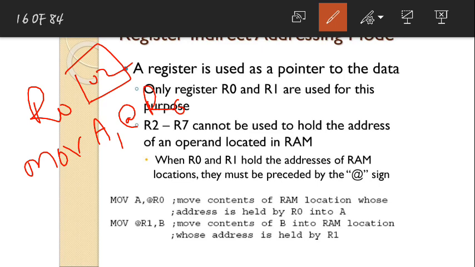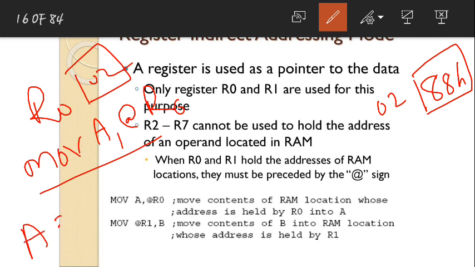That means R0 has 02, and 02 it will consider as some address, not the value. So in location 02, if you have 88H, the value, then after execution of this line, A will be equal to 88H. If you don't mention @, A will be equal to 02H.